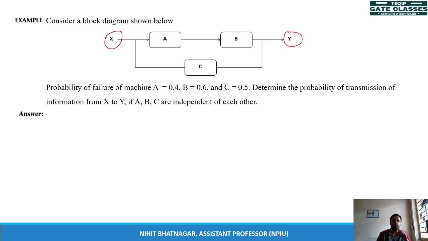There is no dependency of any one machine on the other. So we have to find the probability of proper transmission of our message from X to Y.